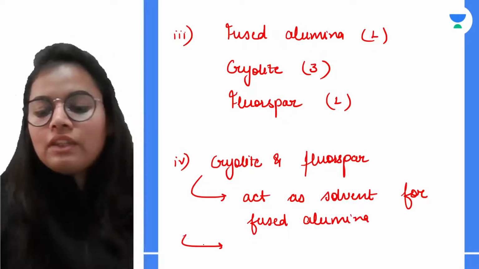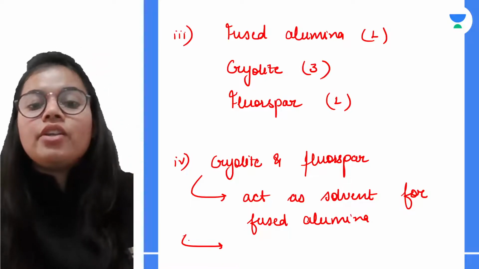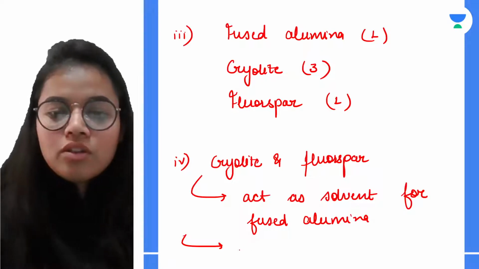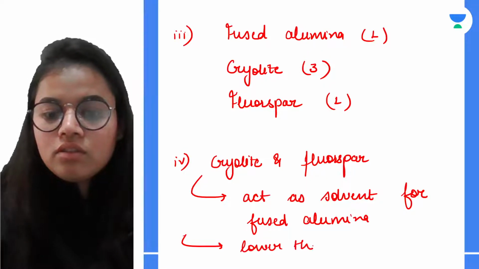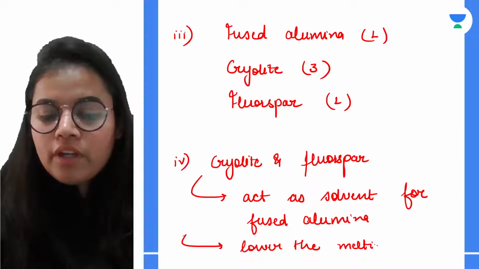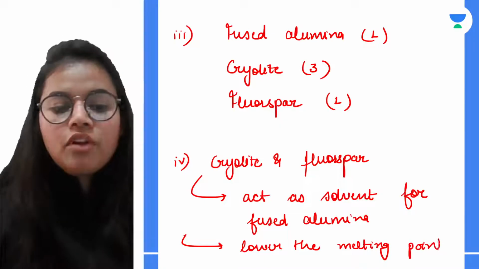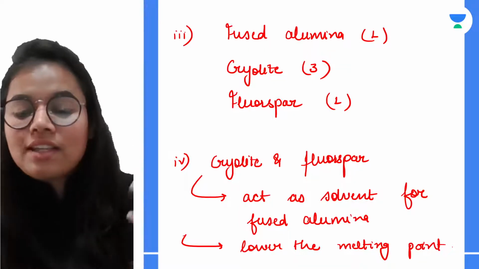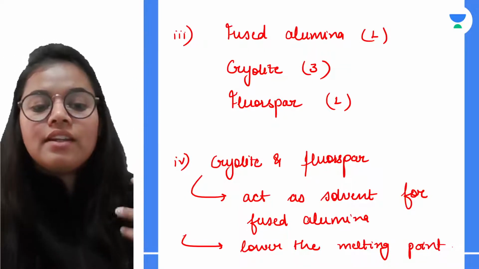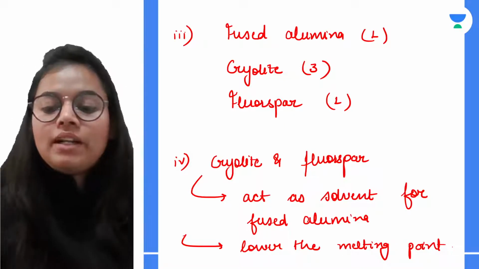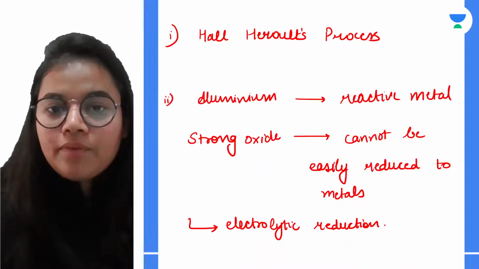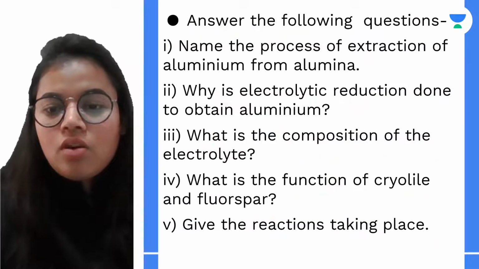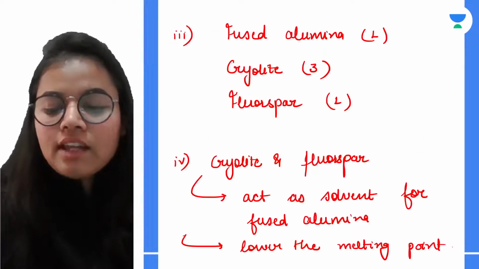Next use of them is that they are used to lower the fusion temperature. So they also lower the melting point of the mixture that we have taken. So what are the two uses? First, it is used as a solvent, and second, it is used to lower the melting point or fusion temperature. Correct?